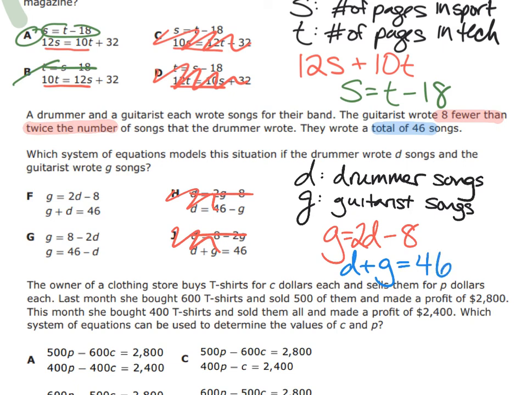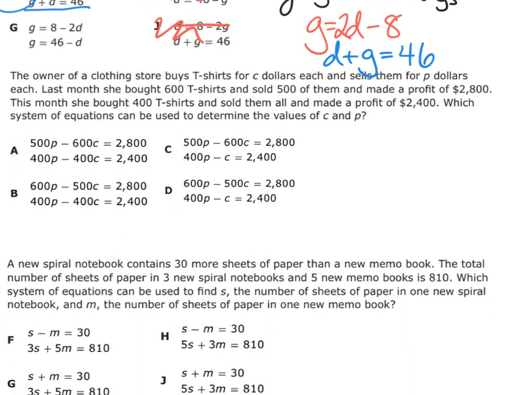So out of the 2 that I have left, which one has the correct total? It's F. Okay, we're going to skip the clothing store question, and we're going to go straight down to the spiral notebook question.